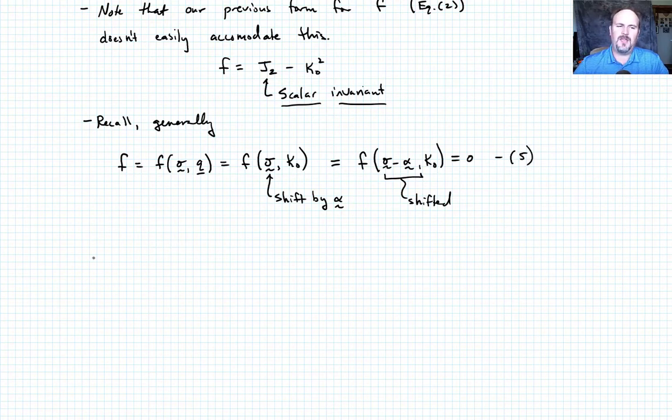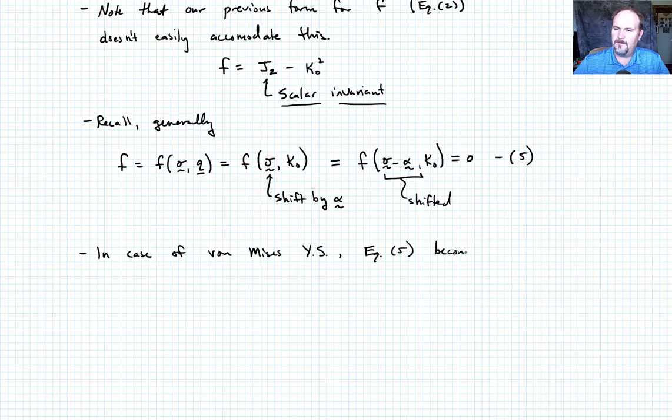So what about the case of the von Mises yield criterion? Let's look at that. In the case of a von Mises yield surface, what does equation 5 become? Well, it becomes the following. F is equal to, well, what is J2? You remember J2 was 1/2 times Sij Sij, where Sij is the deviatoric stress.